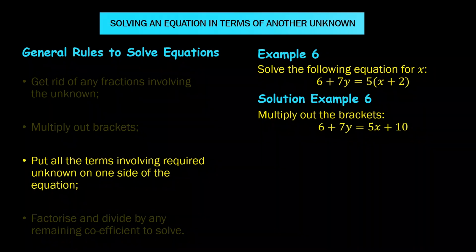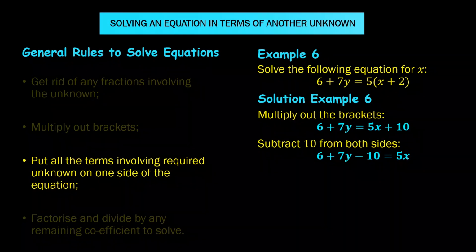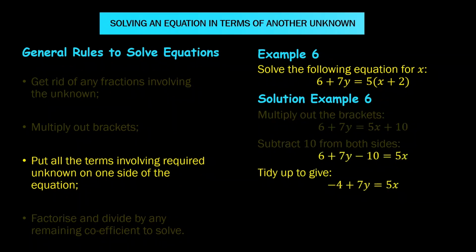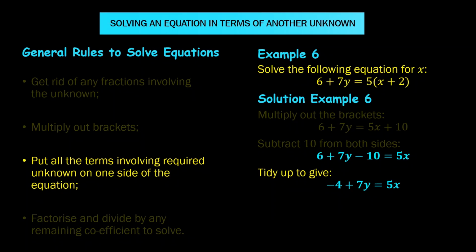Next, we put all the terms involving the required unknown on one side of the equation. So we need to subtract 10 from both sides to give us 6 plus 7y minus 10 equals 5x. Next, we tidy up to give minus 4 plus 7y equals 5x.